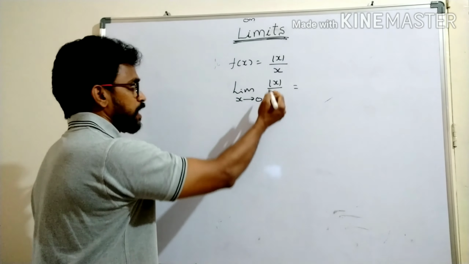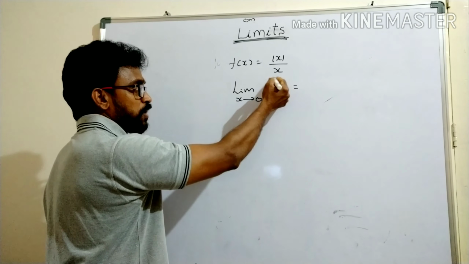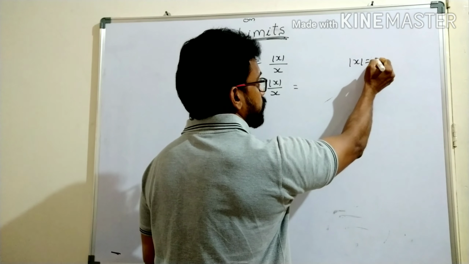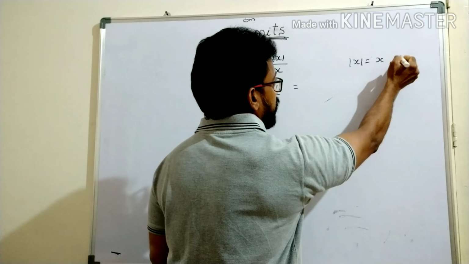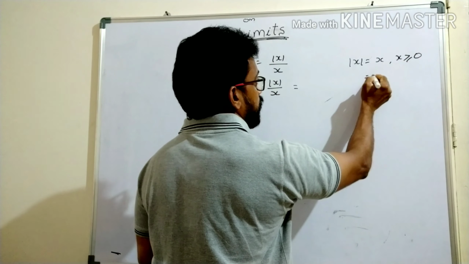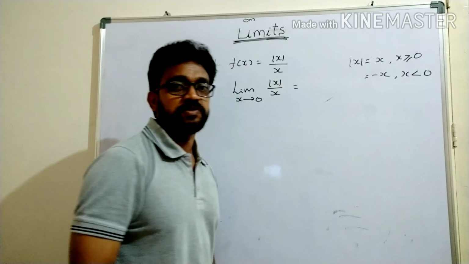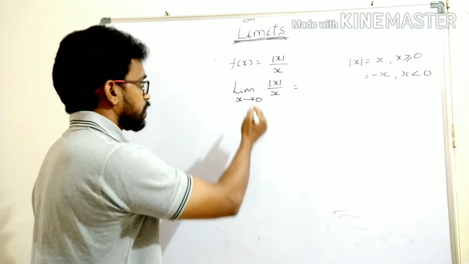Here mod x is a piecewise function. Everybody knows mod x is equal to x when x is greater than or equal to 0, and minus x when x is less than 0.